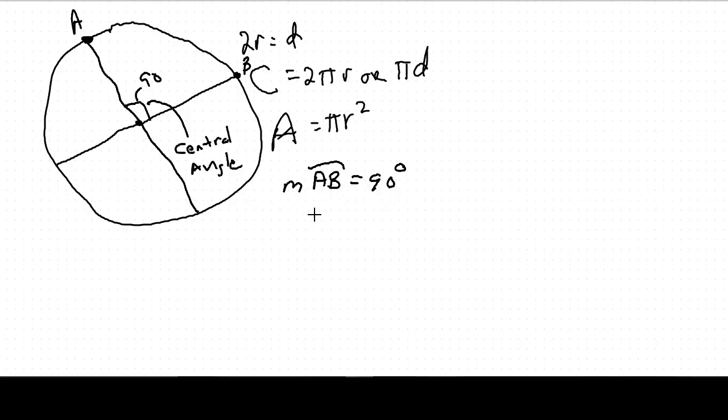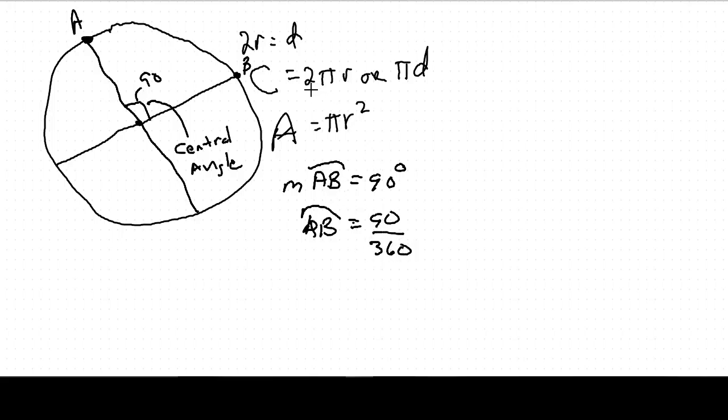If I want to know the actual arc distance, then it's the same symbol without the m. And you find that by figuring out how much of the circumference you actually have. So what you do is you take the fraction of the degrees that represents the arc, which would be 90, and you divide it by the total amount of degrees inside of a circle, which is 360.